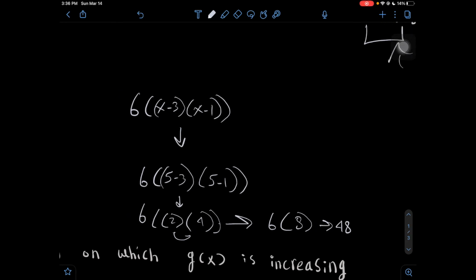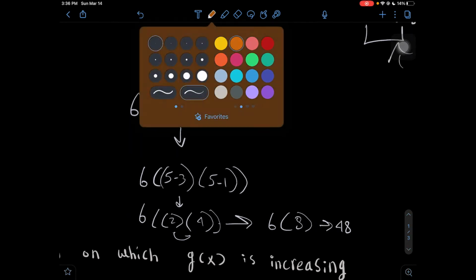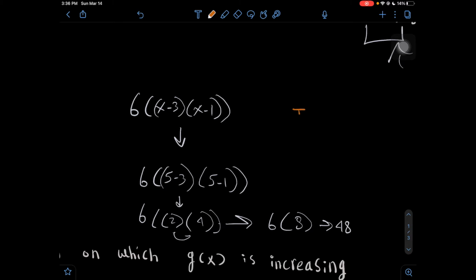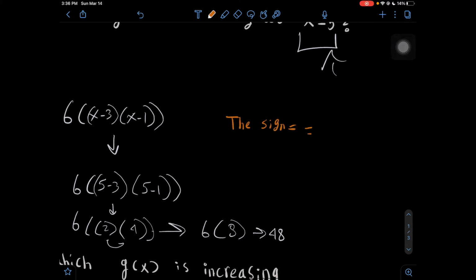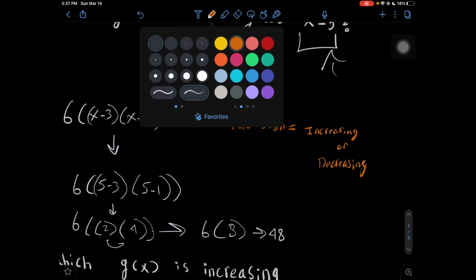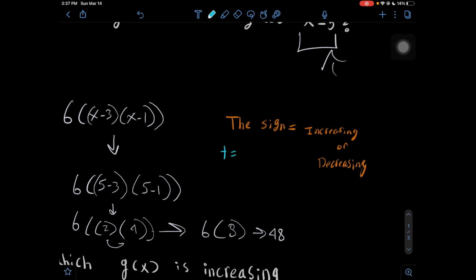Now the main thing you want to remember, and I'm going to write it up here in orange, is that the sign equals increasing or decreasing. So basically, if we have a plus, this means we have a positive value.